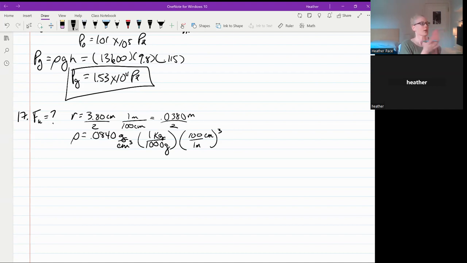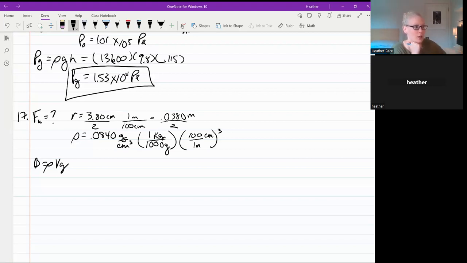All right, so we're looking at buoyant forces and Archimedes' principle. So we know B equals rho V g. So the force pointing up is going to be the force that you have to push down.